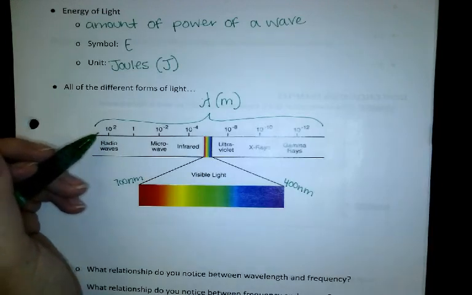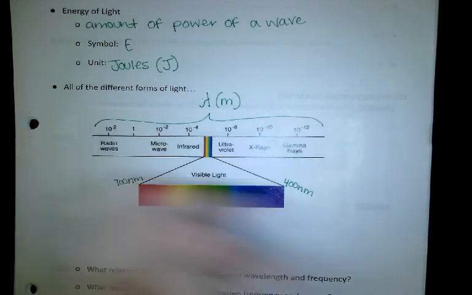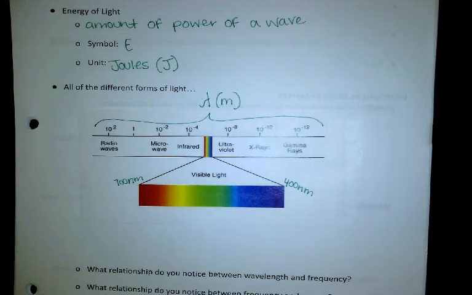Now, radio waves can be really, really big. They can actually get to be the size of the Earth itself, especially in space. But when you think of radio waves, you probably think of FM and AM radio waves. Those can travel across long distances just because they are so big.